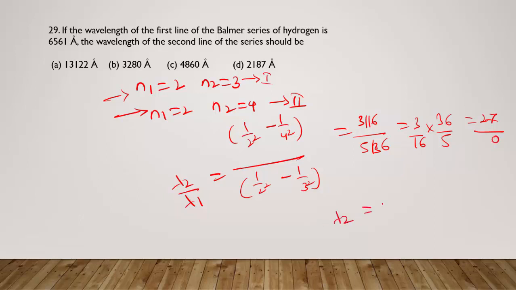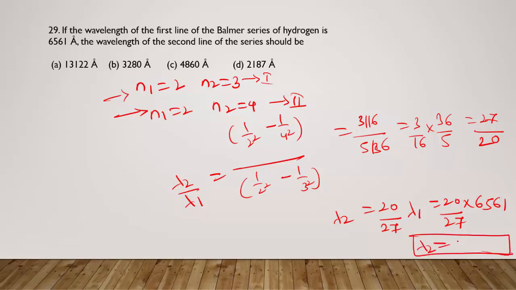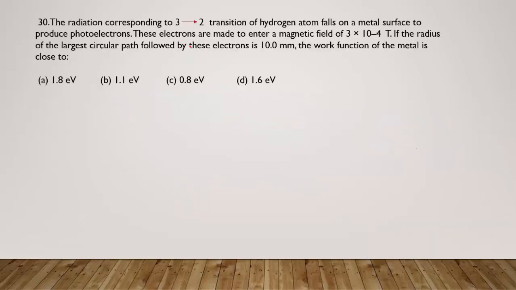Lambda 2 is equal to 20/27 into lambda 1, that is 20/27 into 6561 angstrom. We get the answer lambda 2 is equal to 4860 angstrom. Option C is the right answer.